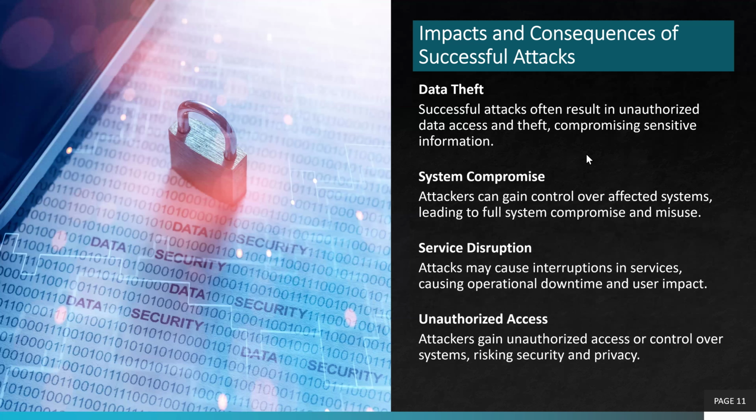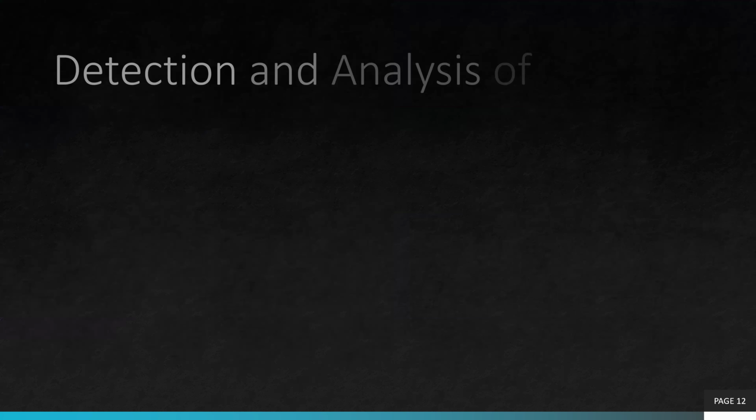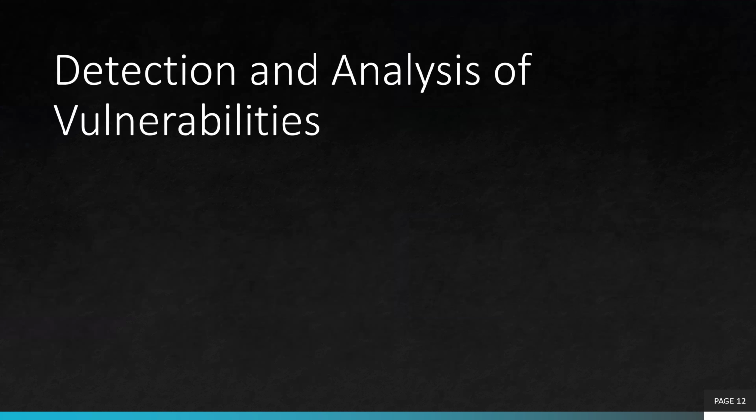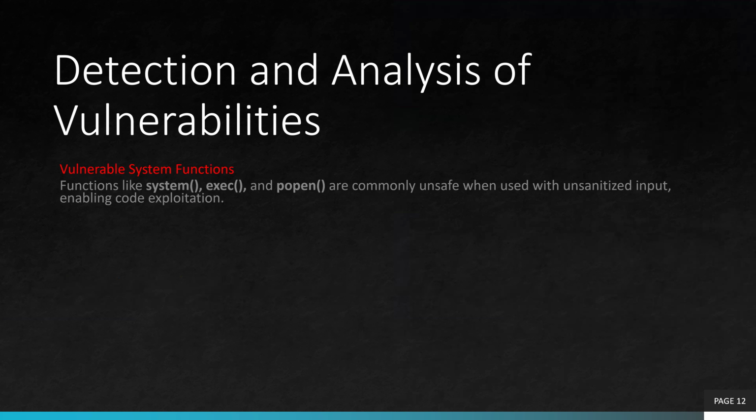The hackers will just figure out some way to not be detected on your system when they do this kind of stuff. Detection and analysis of vulnerabilities: how do you detect them, how do you analyze them? These vulnerabilities are everywhere.